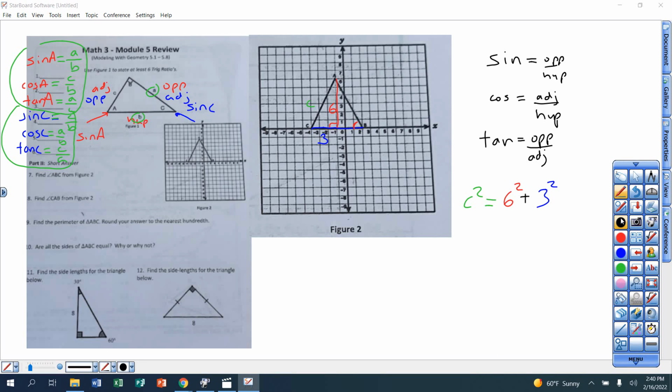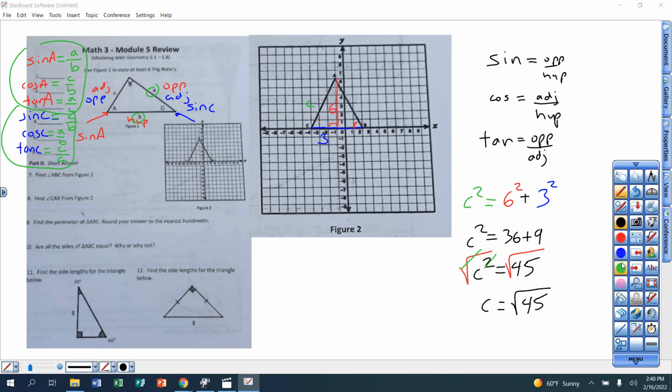So that length, C squared, comes from 36 plus 9. C squared equals 45. I'm not sure if he told you, but to solve for C, you square root both sides.